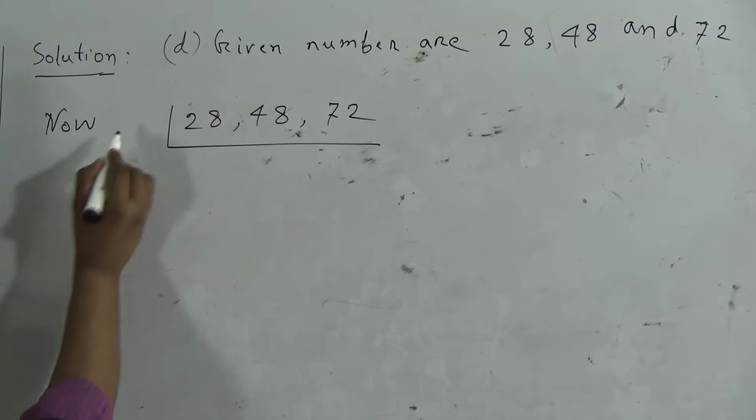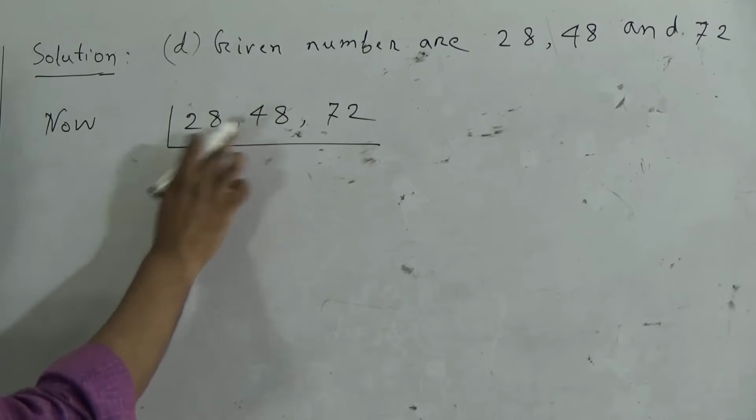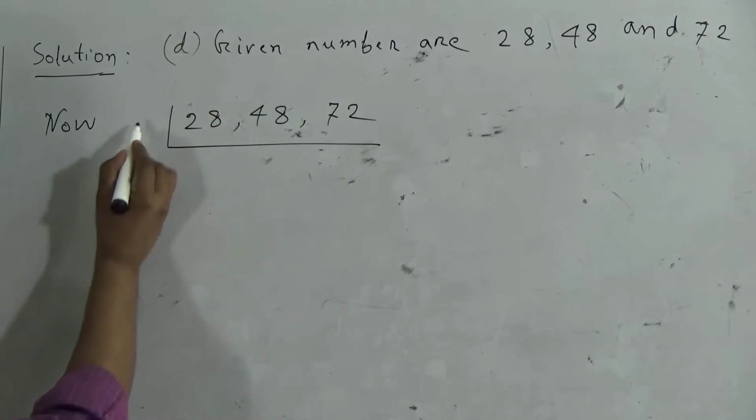If we take 2, then we can divide these numbers by 2. So we'll take 2 now.